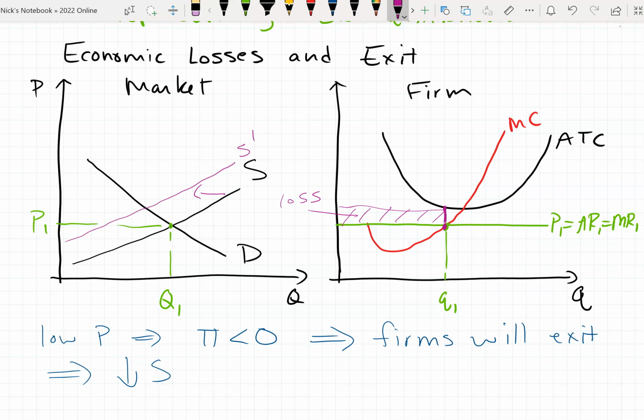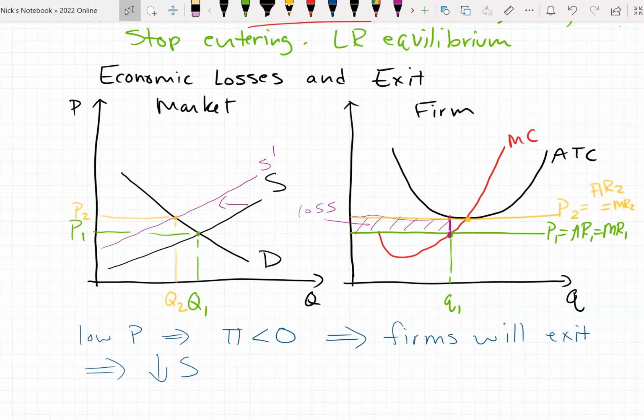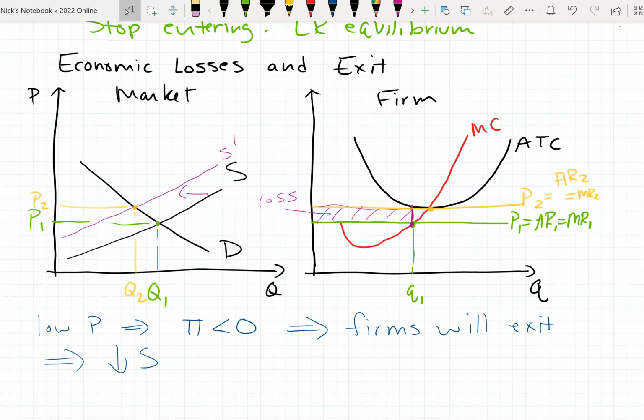So exit until we get to this new price. So we're going to get this new quantity and this new price. And when we bring that one over, this new price is going to be just enough to break even. So what happens is they exit, and their exiting causes, sorry if that went off the screen, the price to go up, because there's less of them.